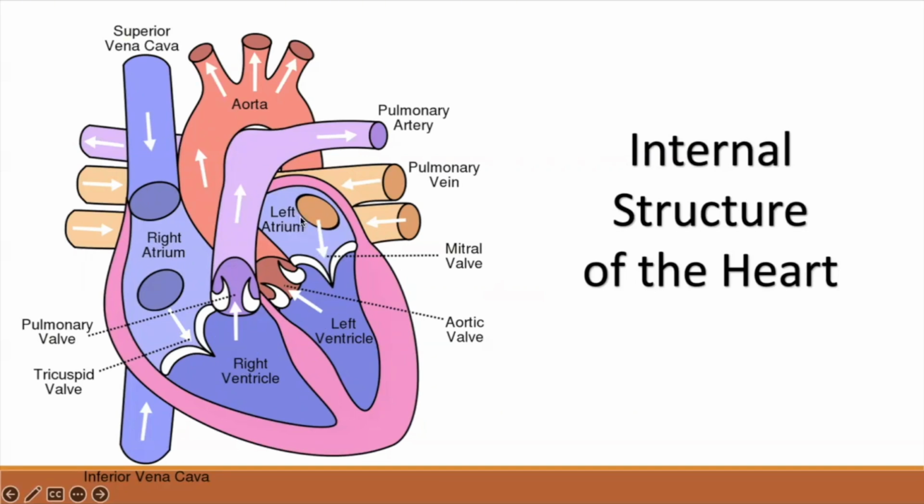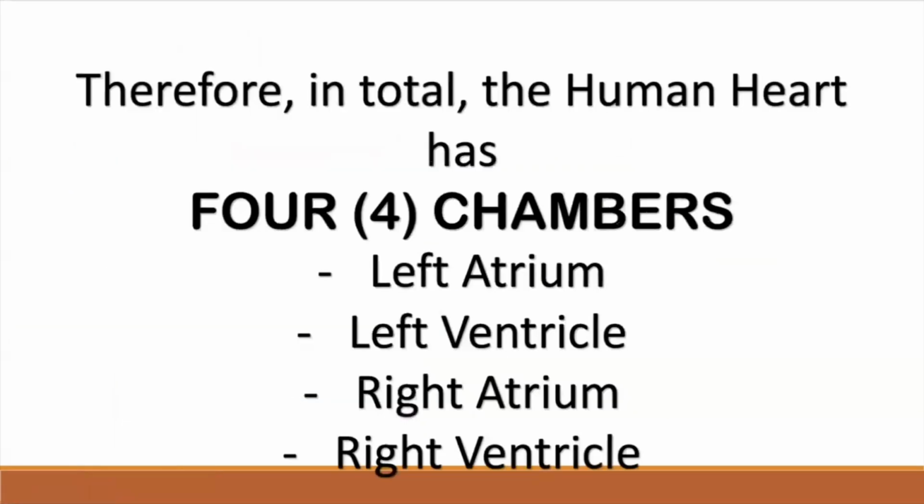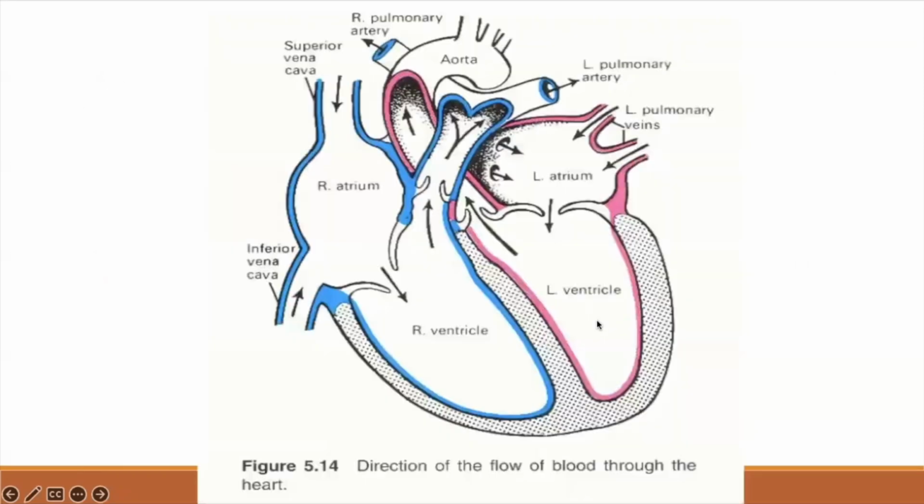So if each side has two chambers, it means in total, the heart has four chambers. On the left side, the left atrium and the left ventricle. And on the right side, the right atrium and the right ventricle. So in total, the heart has four chambers: left atrium, left ventricle, right atrium, right ventricle.